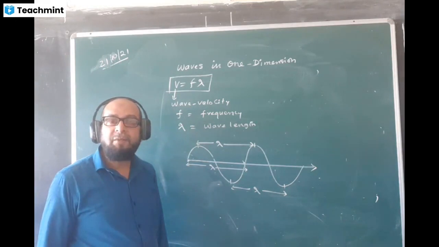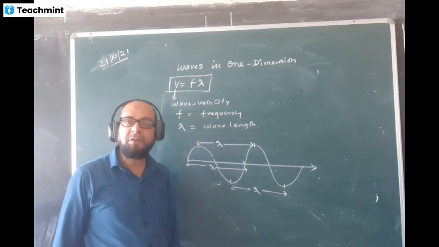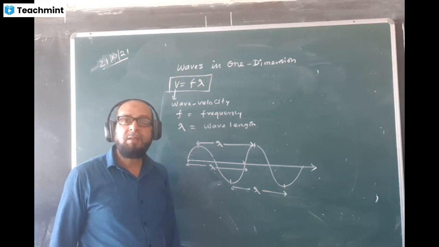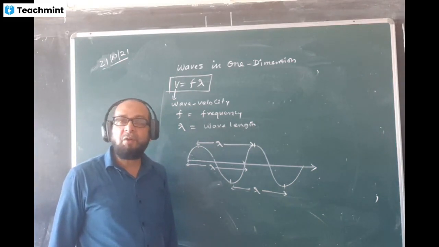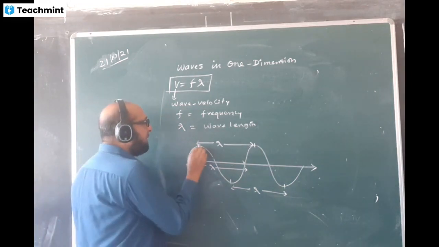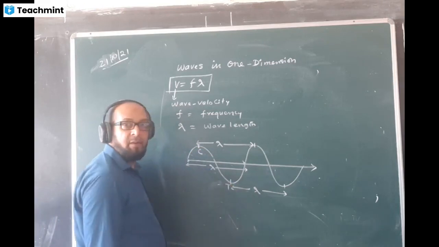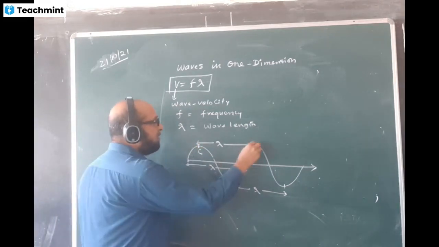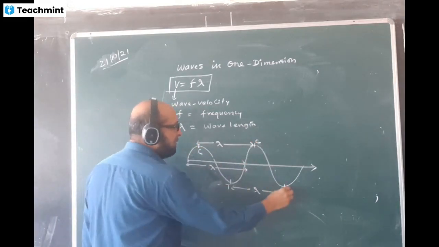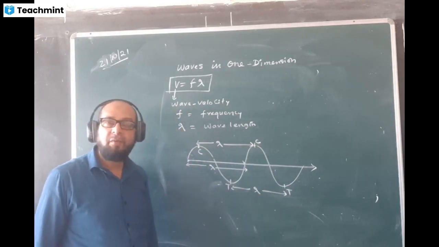A longitudinal wave consists of compressions and rarefactions, whereas a transverse wave consists of a crest and a trough. The upper part is called crest and the lower part is called trough. This is crest, this is also crest, this is trough, this is also trough. T-R-O-U-G-H, trough.